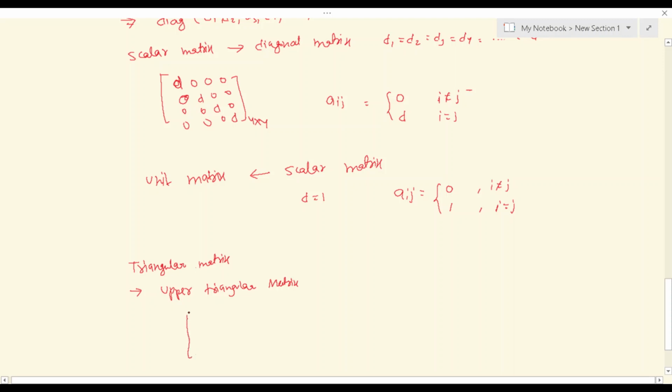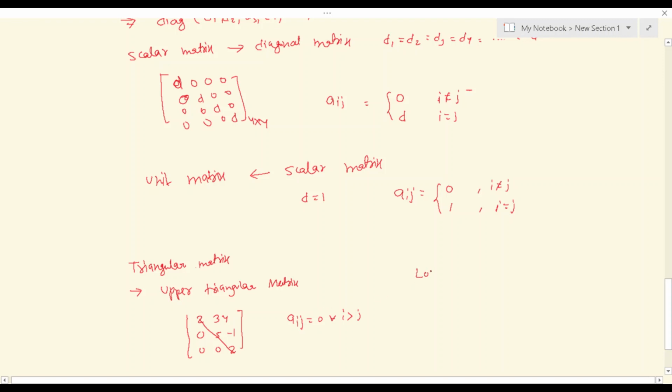Let me show this through an example here. This was our principal diagonal or main diagonal, and below this all elements were 0. Above this all elements may or may not be 0, and the diagonal elements may or may not be 0 either. So we can write this in general form: Aij is 0 for all i greater than j, and for others it may or may not be 0.